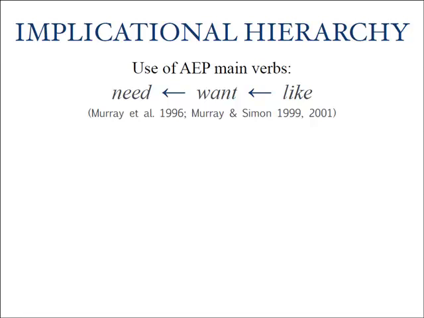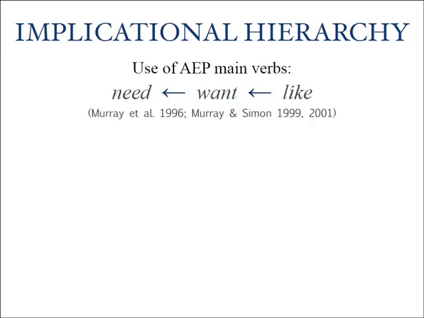And what they found was an implicational scale of use with this. So they found that the most speakers use the AEP with the verb need, right? There were fewer speakers who used it with want, and there were even fewer speakers who used it with like.